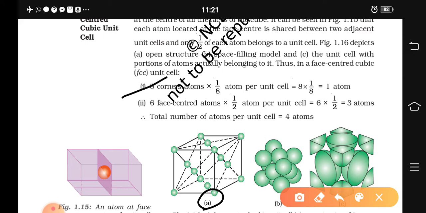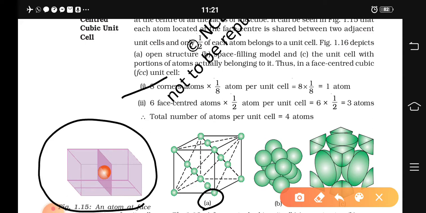Now, talking about the face-centered atoms, as we know that a cubic unit cell has 6 faces, so there will be 6 face-centered atoms. We are multiplying it with half. That means each face-centered atom contributes half to a particular unit cell, which is clear from this particular figure.